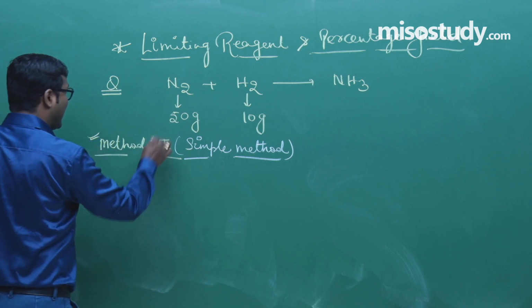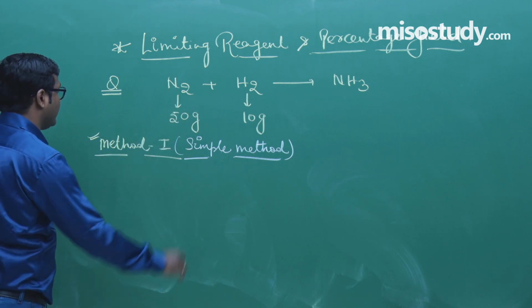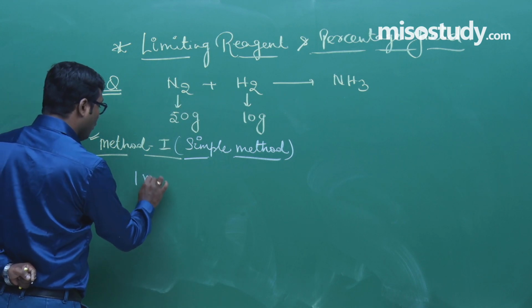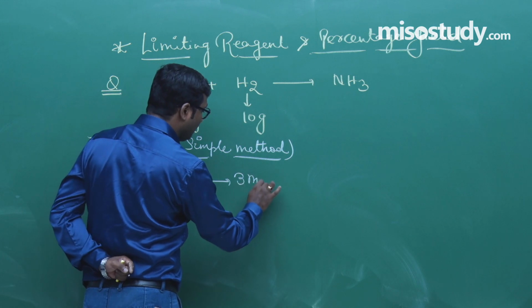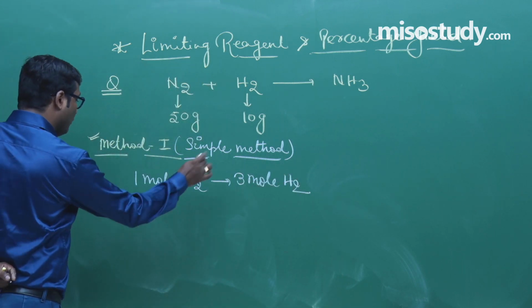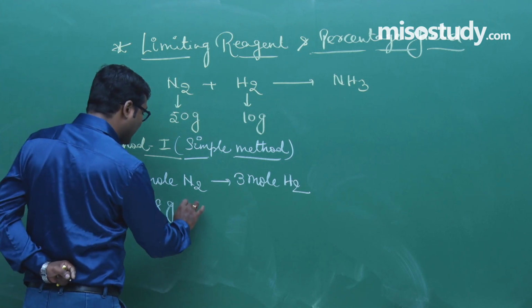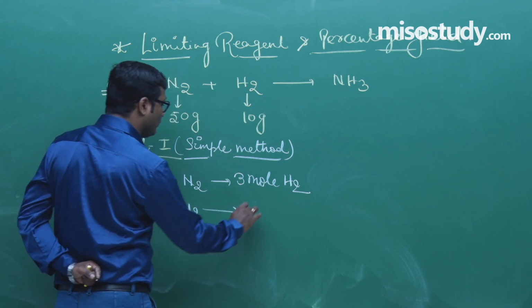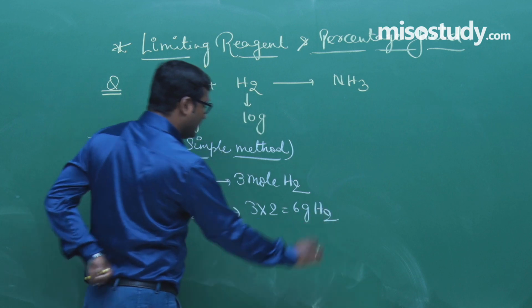Now check it out. As we know, the molar mass of nitrogen is 28 gram. 1 mole N2 combines with 3 mole of H2. 1 mole is equal to 28 gram, that is the molecular mass. So 28 gram N2 combines with 3 into 2, that is 6 gram H2. Clear?